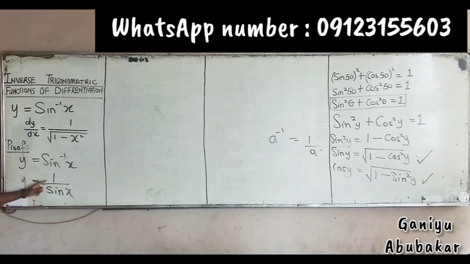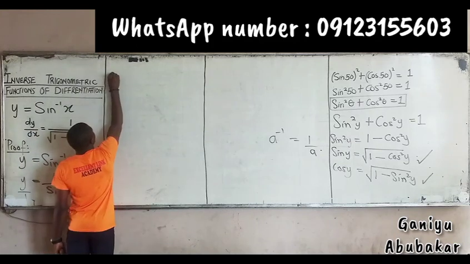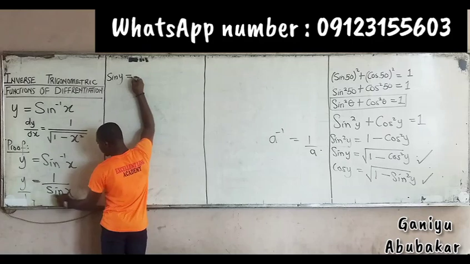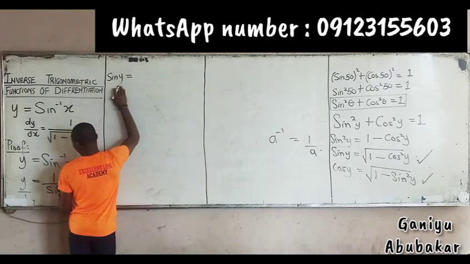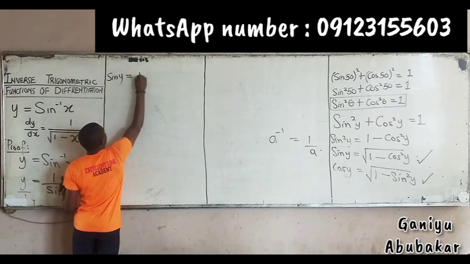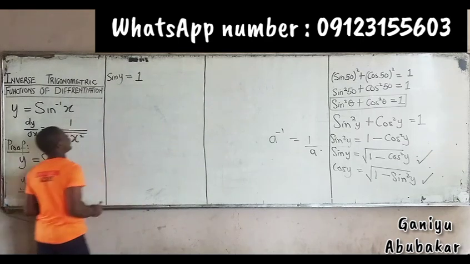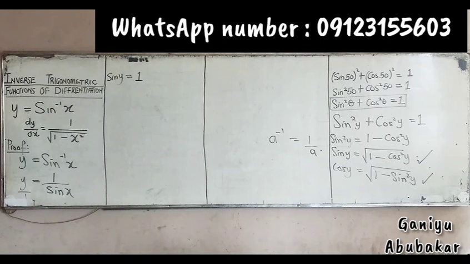Right? Of course, from this place here, I can multiply y times sine x. I will have sine y is equal to sine x times y. Sine y is equal to 1 times 1. I'll have 1.